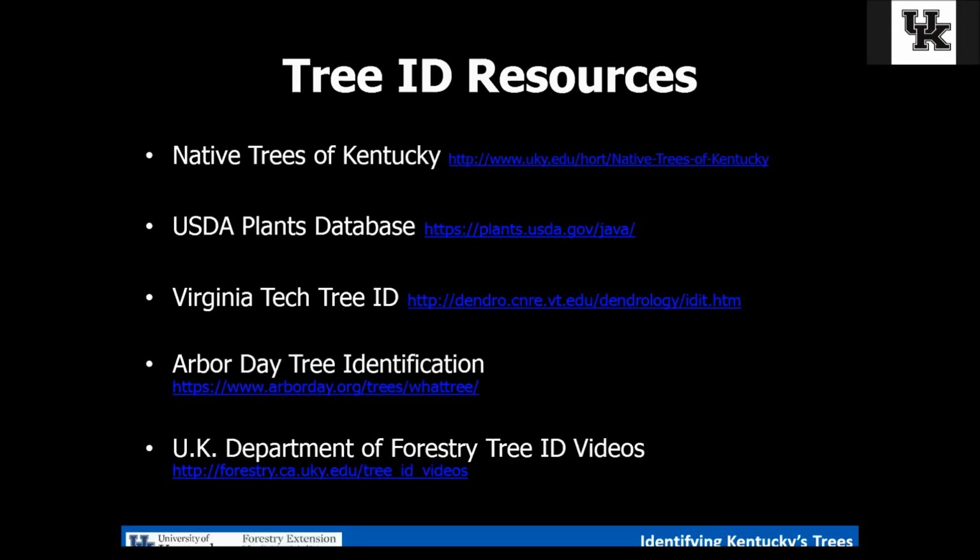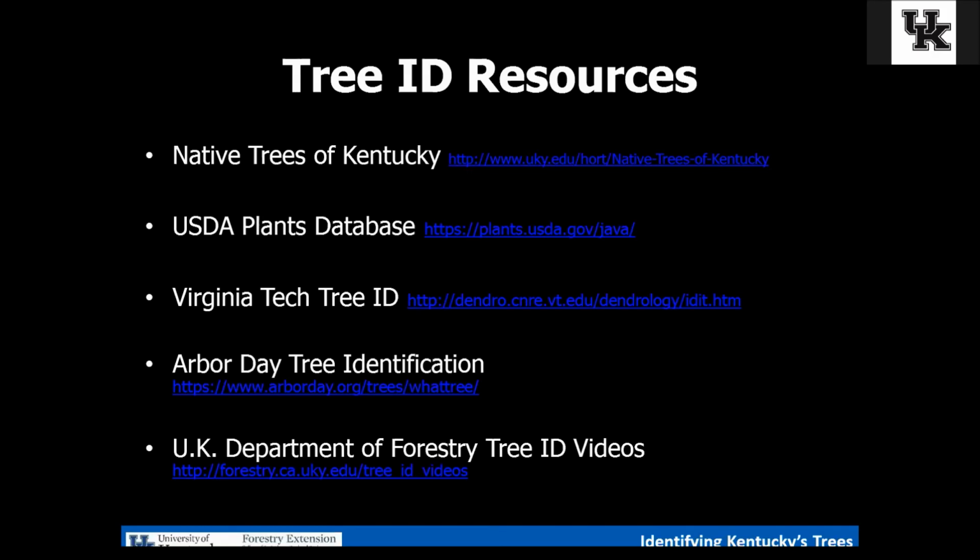So that kind of wraps it up with some of our tree ID resources. A lot of great information out there. I do hope that tonight's been informative, that you've learned a little bit, and maybe you feel a little less hesitant about trying to go out and identify all the different trees we have in Kentucky.